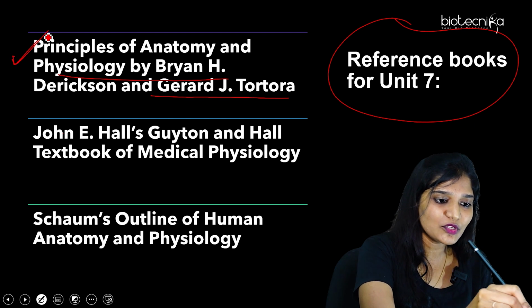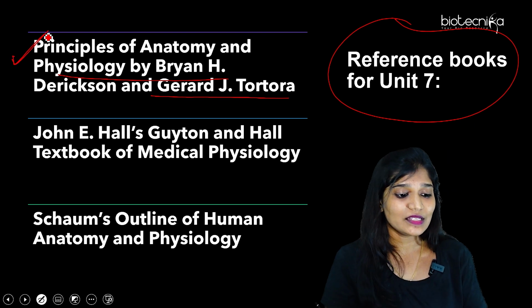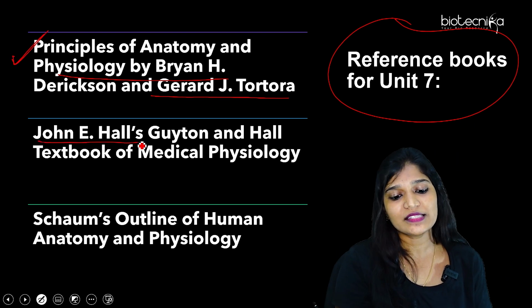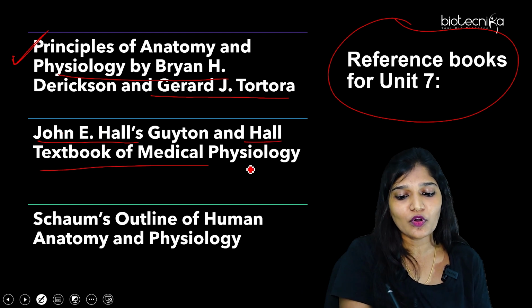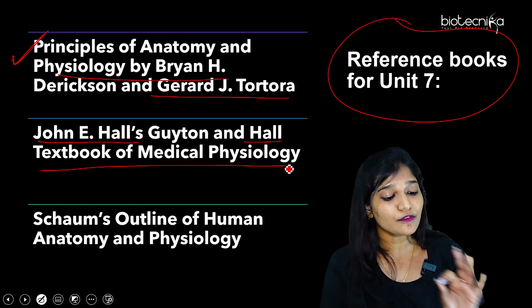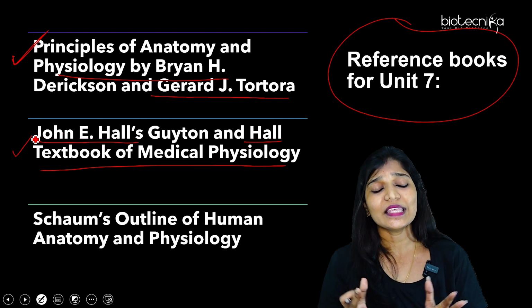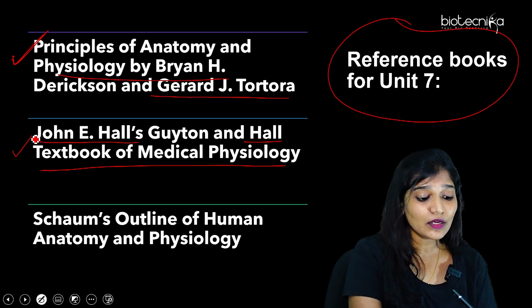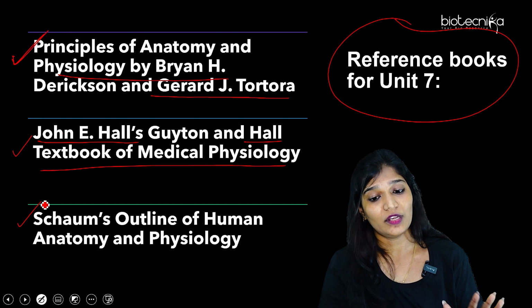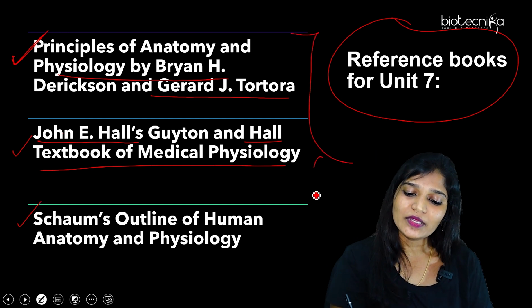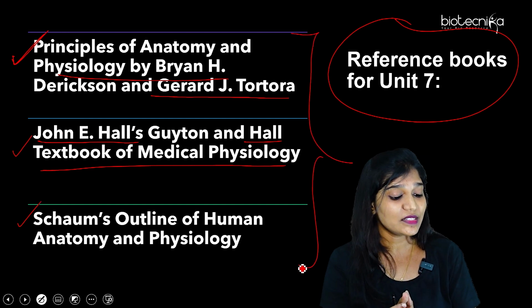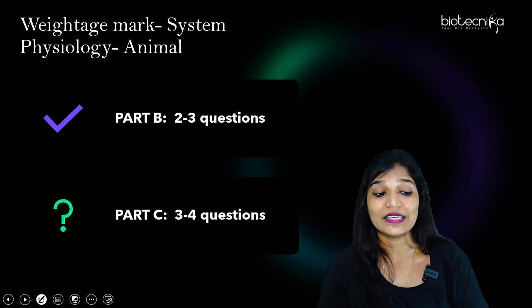Yes, this is one of the books which you can follow. The second one is going to be John E. Hall's Guyton and Hall Textbook of Medical Physiology. You can also follow this book. The next one is going to be Shaw's Outline of Human Anatomy and Physiology. So these 3 books you can follow for this unit number 7, System Physiology in Animals.